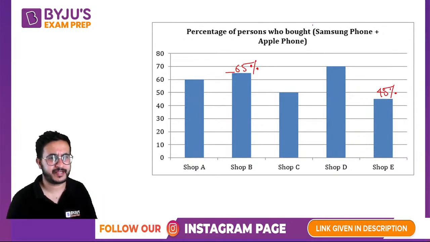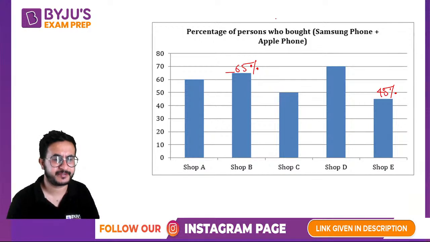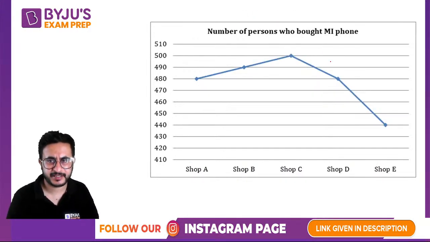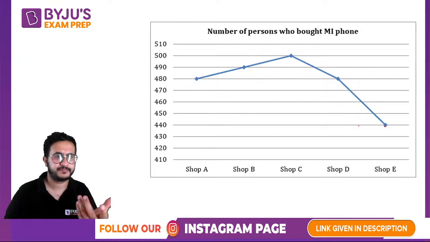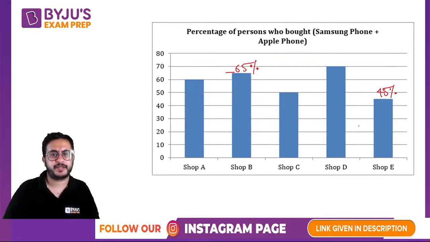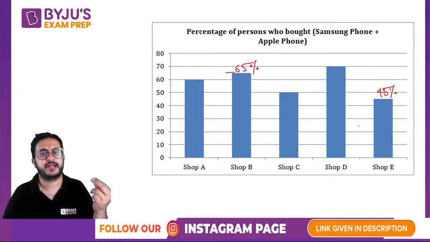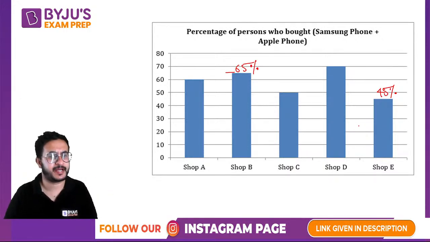Otherwise, if they give you those values, they will definitely have lines in between. For example, in this case, lines are given for every 10, so all values are multiples of 10. But if they are somewhere in between, then take the value that is 5, like 45 or 75. So we are given the number of MI phones and the percentage of Samsung plus Apple.